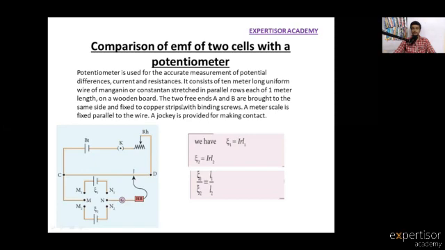The two free ends A and B are brought to the same side and fixed to copper strips with binding screws. A meter scale is fixed parallel to the wire. A jockey is provided for making contact.